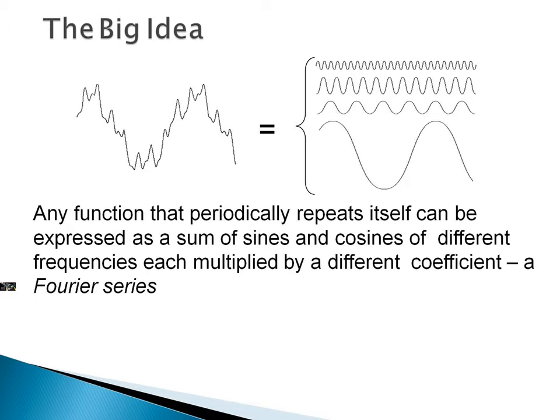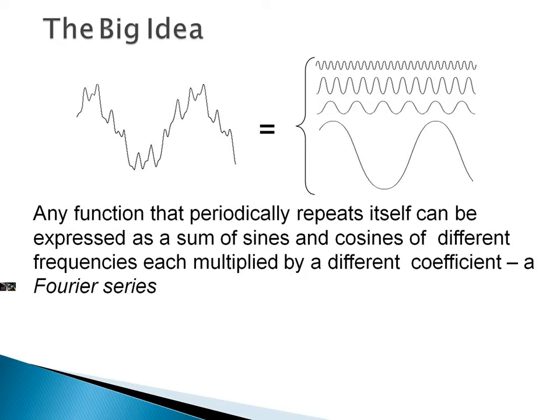According to Fourier, any function, if it is periodic and satisfies some mathematical conditions, can be expressed as a sum of small sines and cosines. And these sines and cosines can be of different frequencies and can be multiplied by different coefficients.